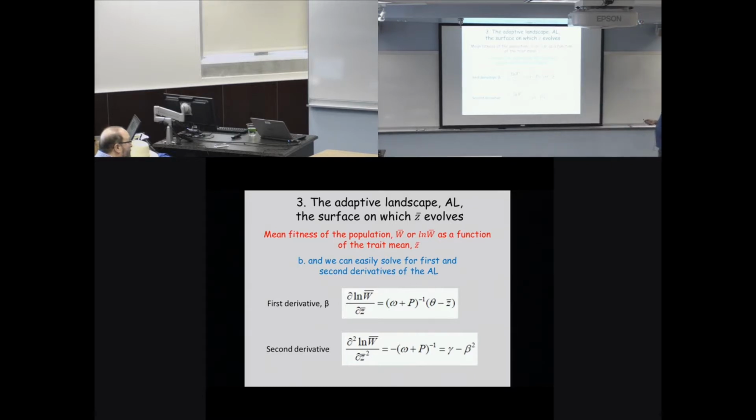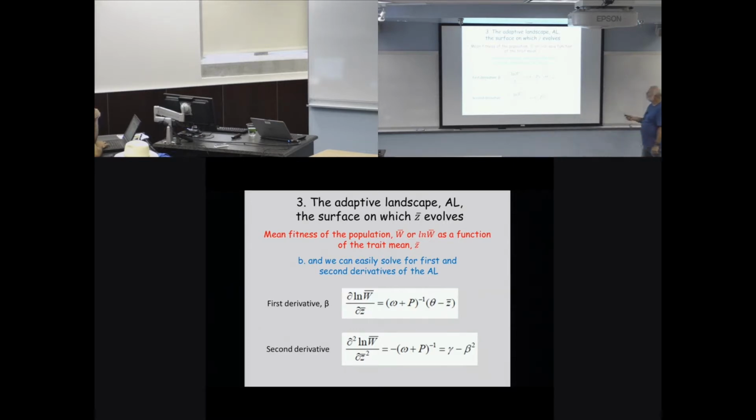We're still on the adaptive landscape. And I forgot to say this, so let's say it now. Why do we care about the adaptive landscape? This is the surface on which the trait mean evolves, right? If we want to see the trait mean evolving, and that's what we're here to do. Yesterday, it was G evolving, and it should evolve on the adaptive landscape as well, because right at the center of the G matrix is the bivariate mean.